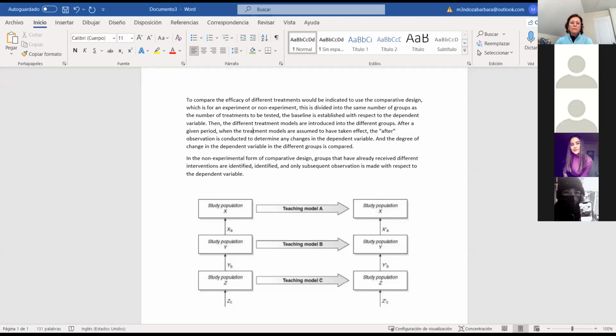Treatment can be the same as intervention. So that slipped away from my list. But treatment is intervention. So we can change this to different interventions. Treatment, intervention models, and they are introduced into different groups. Different treatments, yes, different interventions.